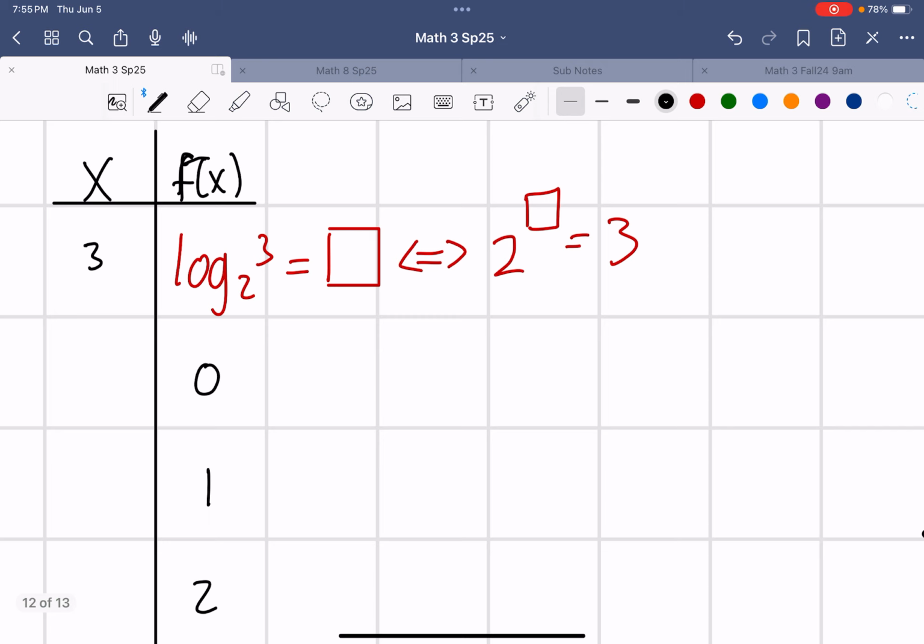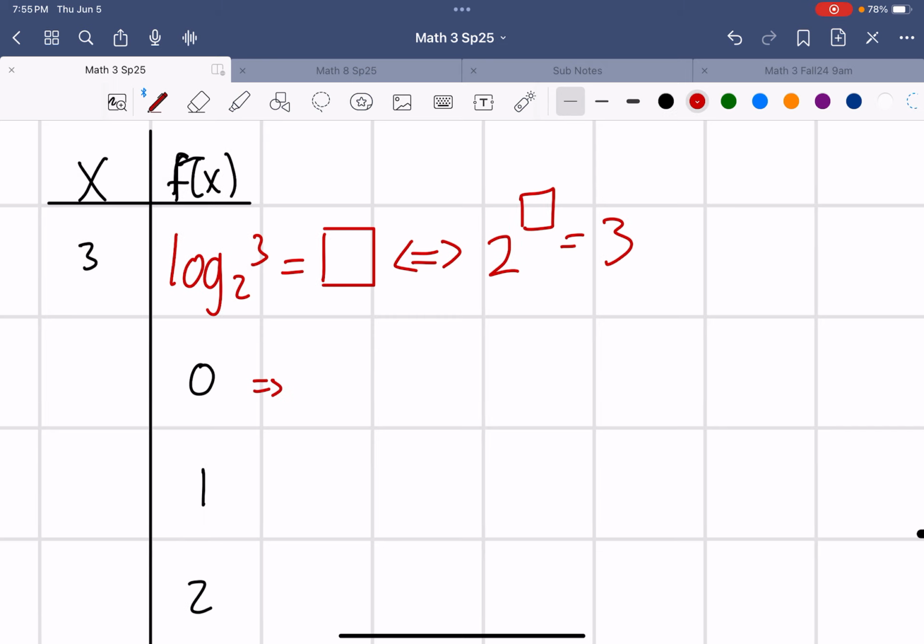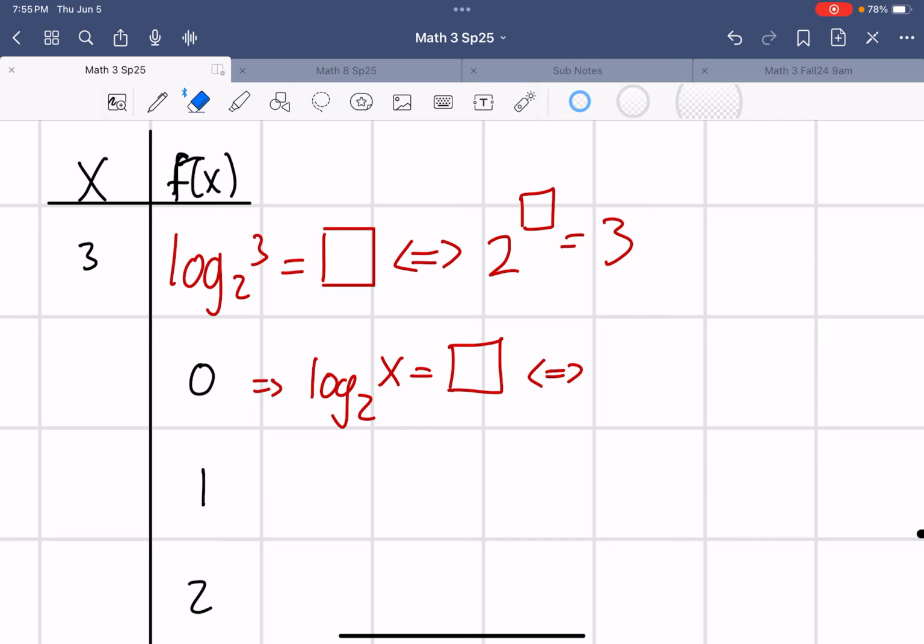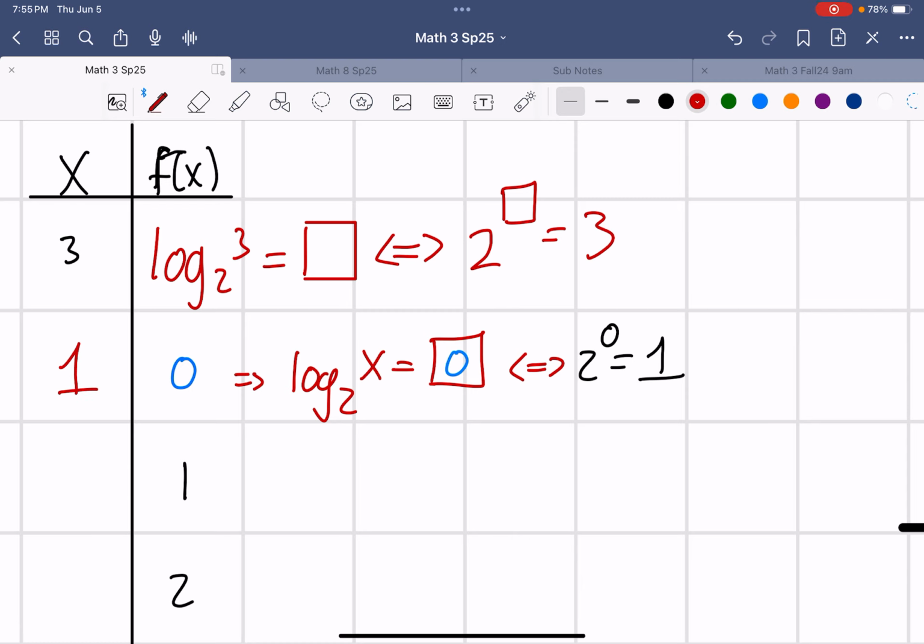Let's look. When we rewrite this, it's going to be log base 2. I don't know the x value, but it has to equal something. But I do know I can rewrite it. And that thing we're saying that it has to equal is 0. And this I can rewrite as 2 to the power of 0, we know is 1. So in other words, x is equal to 1.